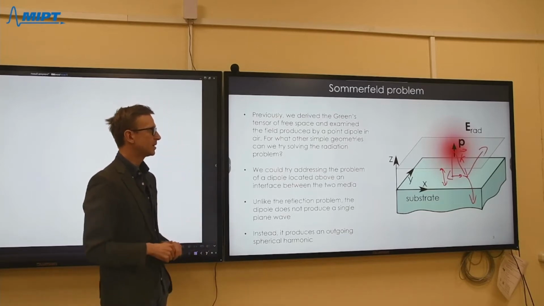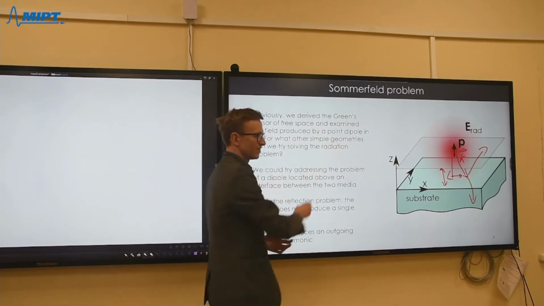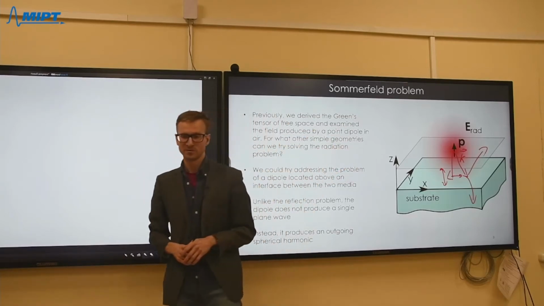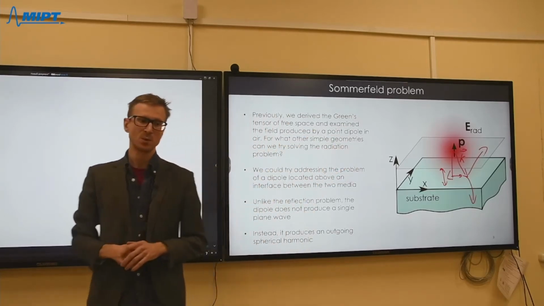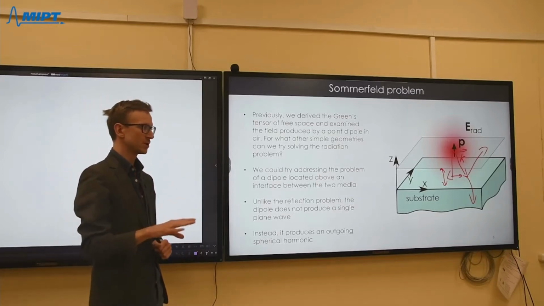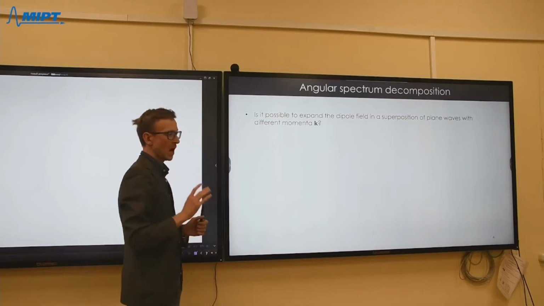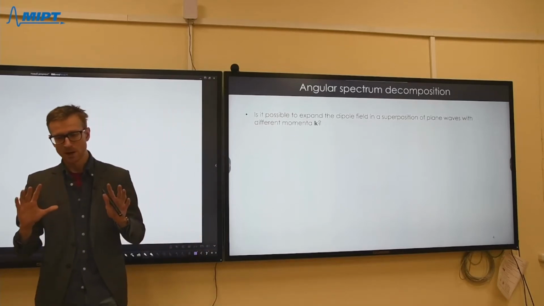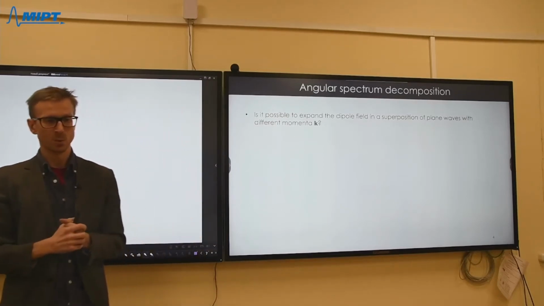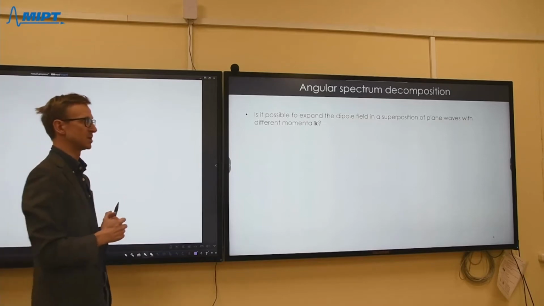Well, luckily, there's a tool that allows us to go from a spherical wave to a plane wave representation. And this is what we're going to learn first before we handle this problem. So how do we go from an outgoing spherical wave to the plane wave representation?